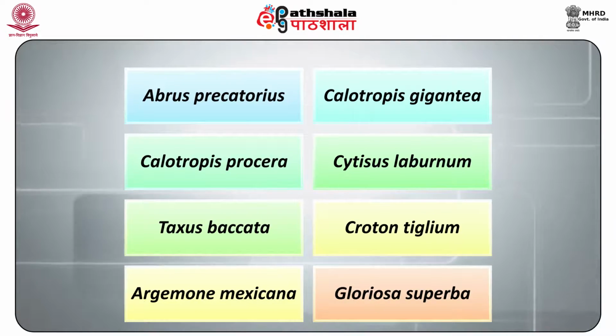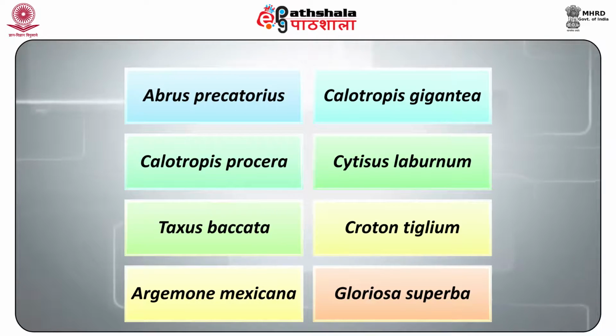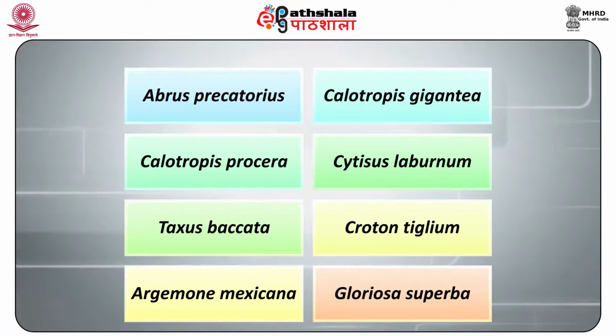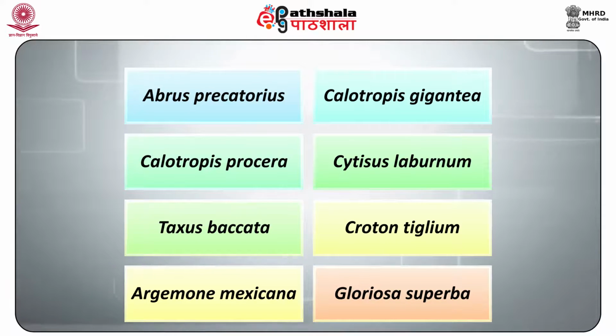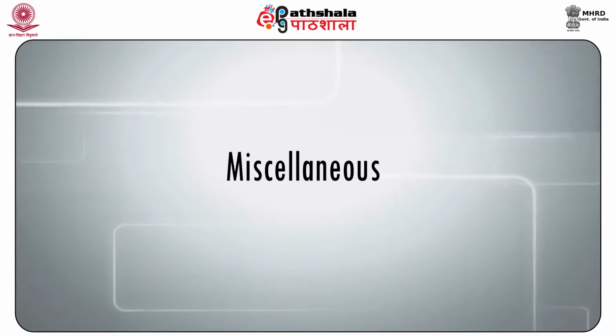Examples include Abrus precatorius, Calotropis gigantea, Calotropis procera, Cytisus laburnum, Taxus baccata, Croton tiglium, Argemone mexicana and Gloriosa superba. Next are the miscellaneous ones: cyanogenetic glycosides, ergot, that is Claviceps purpurea, and oleander glycoside.